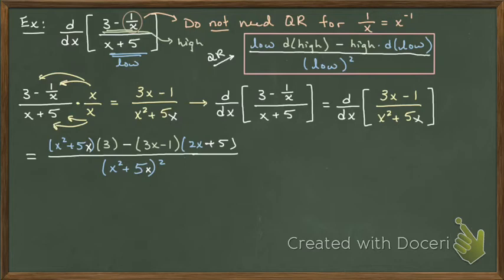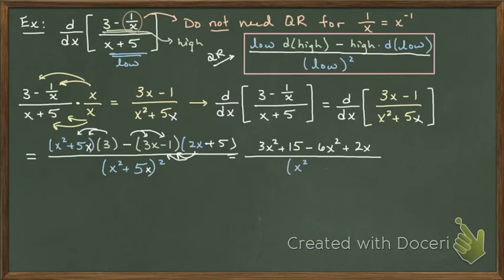What happens is, distributing everything in, I have 3x squared plus 15x minus 6x squared, and then plus a negative is minus 13x minus 5 when I FOIL all that out.